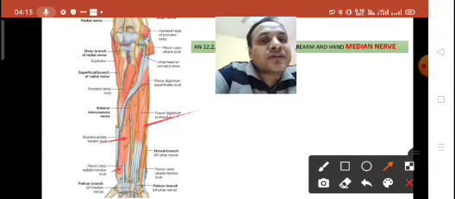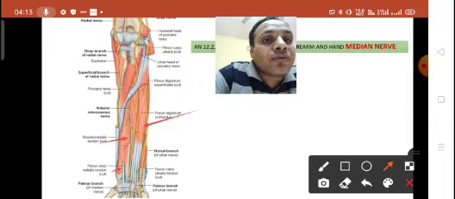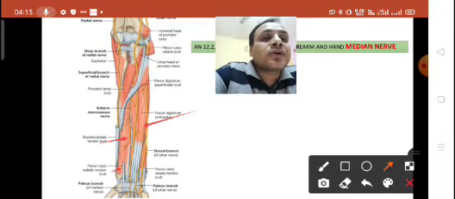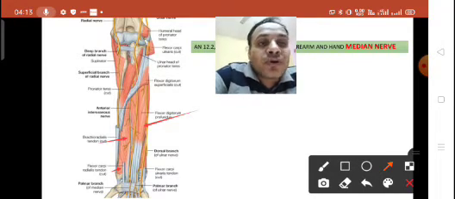And all the deep muscles: the laterally placed muscle is known as flexor pollicis longus, the medially placed muscle is known as flexor digitorum profundus, and the distally placed muscle is known as pronator quadratus. So all deep muscles of the front of the forearm are supplied by the anterior interosseous branch of the median nerve, except the medial half of flexor digitorum profundus muscle.